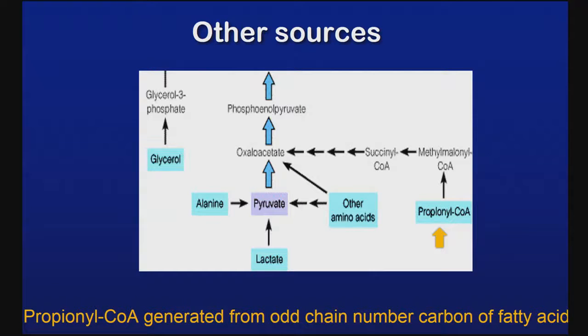When a fatty acid with an odd number of carbons breaks down by 2, it gives rise to 3 carbons at the end. That 3 carbon molecule is called propionyl-CoA. The propionyl-CoA gets converted to methylmalonyl-CoA, which then gets converted to succinyl-CoA.